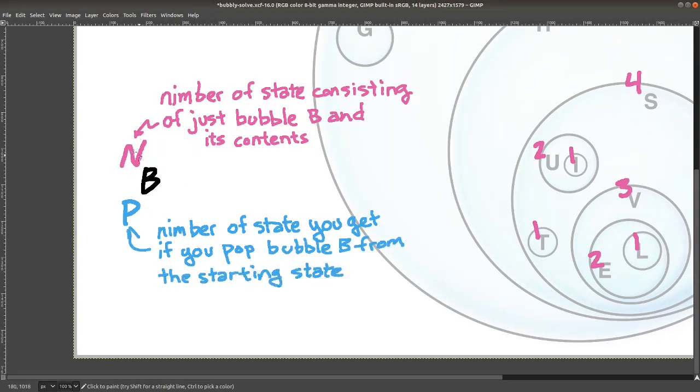Okay, so pink number N is the number of the state consisting of just bubble B and its contents, and the blue number P is the number of the state you get if you pop bubble B from the starting state. So if P is 0, that means that when you pop bubble B, you get to a bad state, which means that that is a winning first move, and that's what we want.